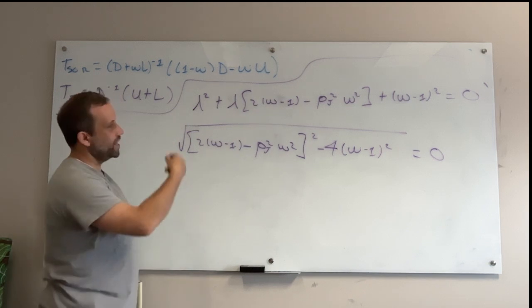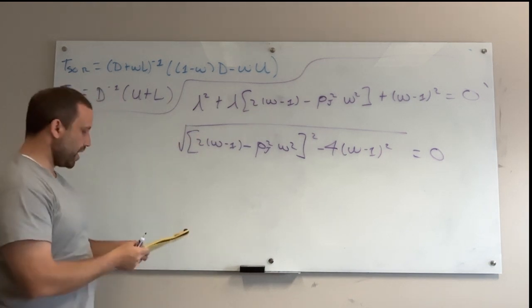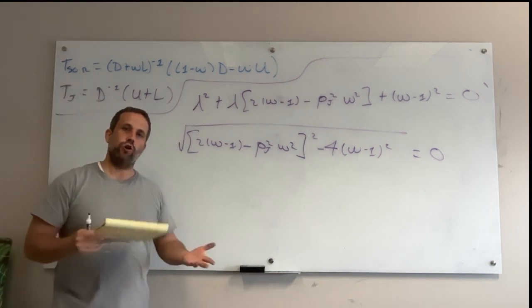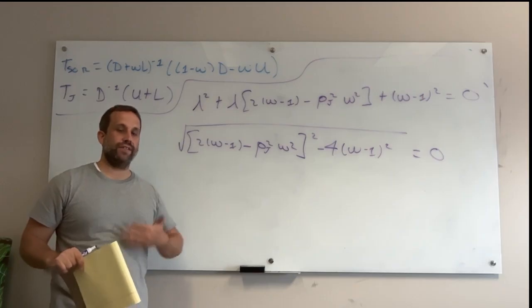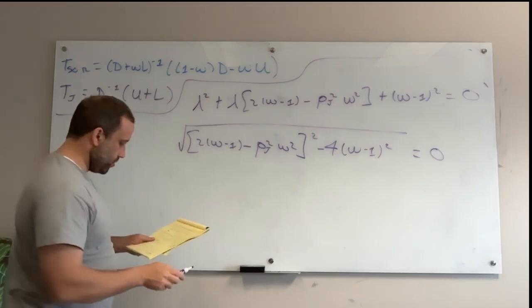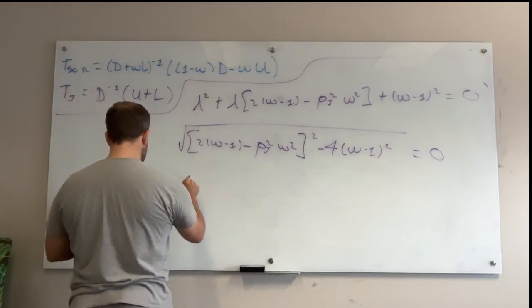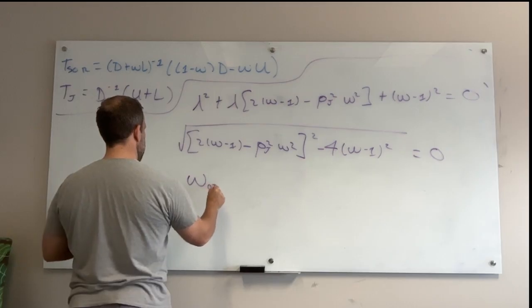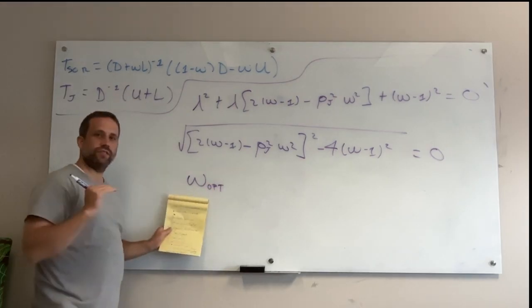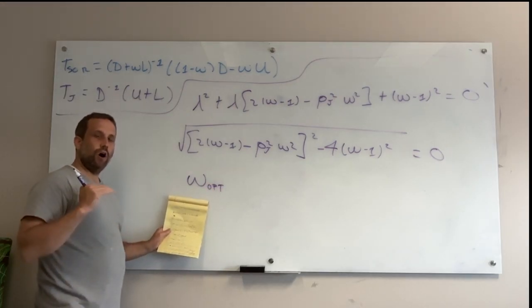And of course, we can square this, and as it is a quadratic for omega, when you solve this, you're going to get one value for omega that's greater than 2, and the other value for omega is going to be the following. We call it omega optimal because it gives us the optimal value of omega.